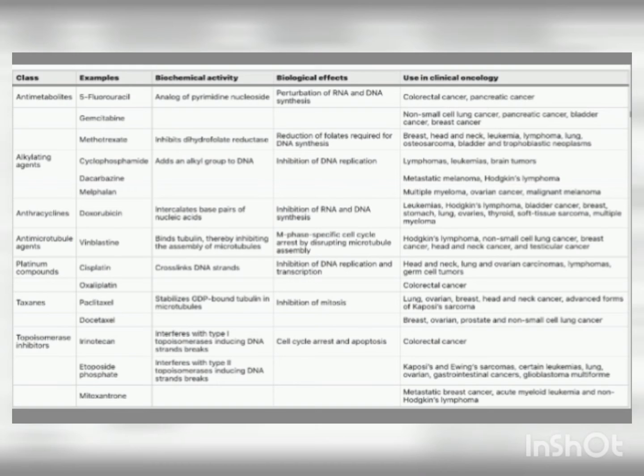And the third one is anthracycline, doxorubicin, which intercalates base pairs of nucleic acid, inhibiting RNA and DNA, used for leukemia and soft tissue sarcoma.